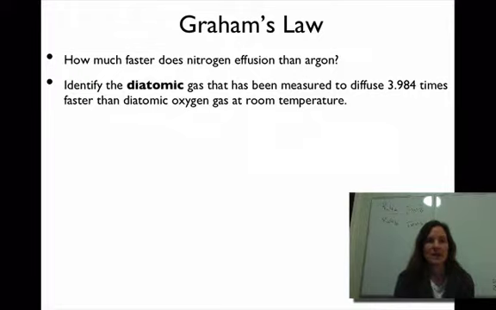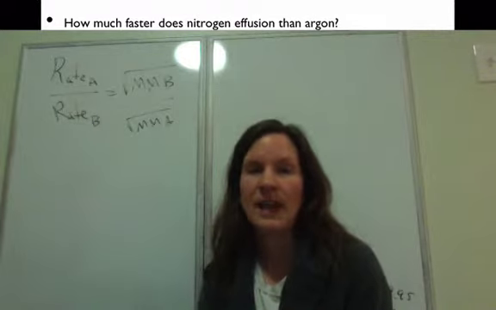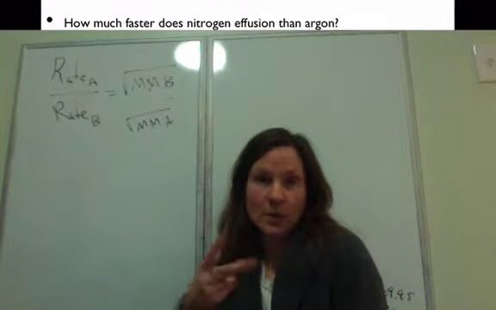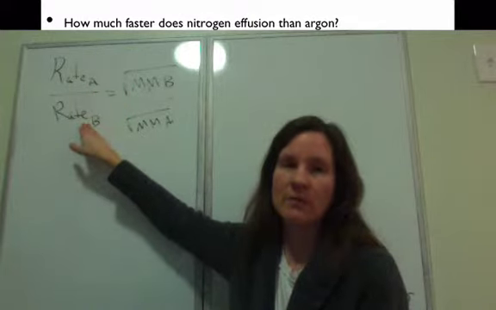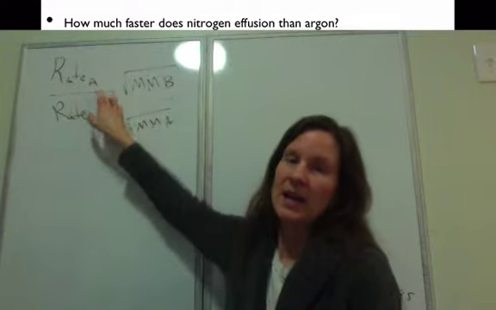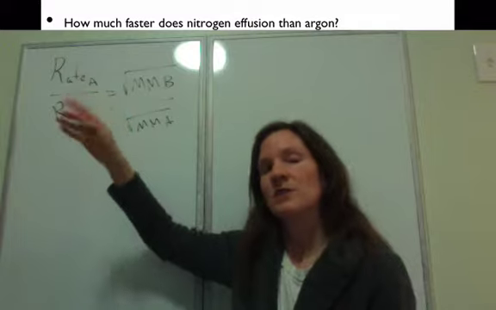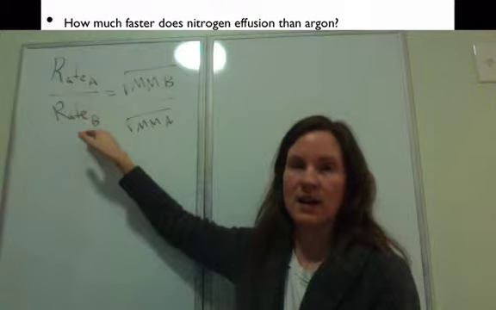One asks how much faster nitrogen effuses than argon, and another asks you to identify a gas. In terms of faster, we're comparing rates. How much faster does nitrogen effuse than argon means we're essentially getting a ratio of rates. We want the rate of A as it relates to the rate of B, which means nitrogen is going to be my A and argon my B. If you get the number 4, that means nitrogen is 4 times faster than argon.